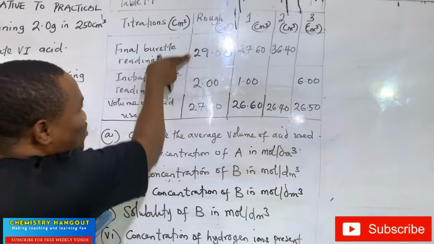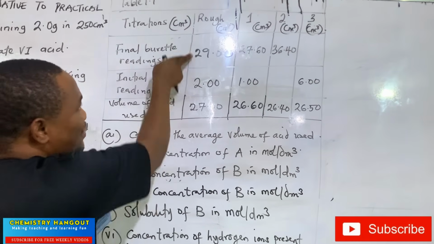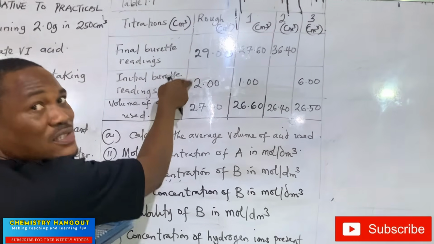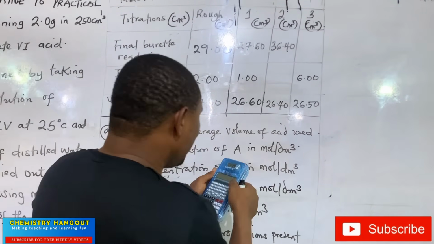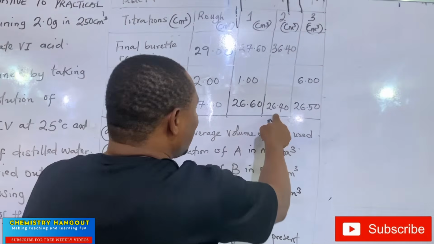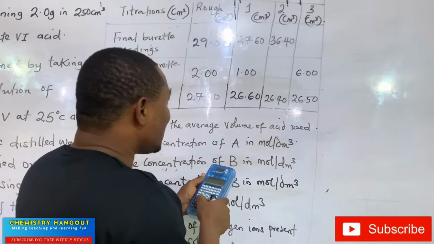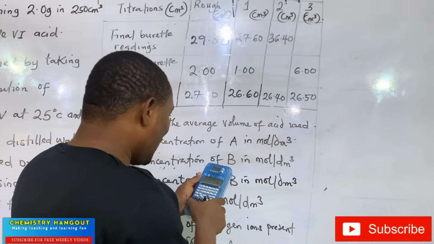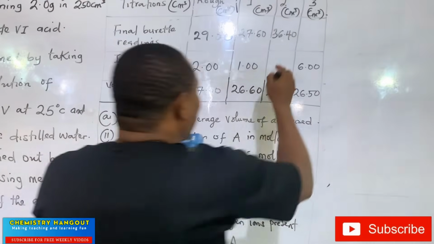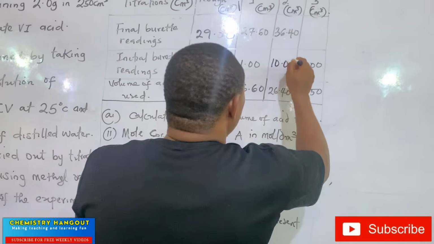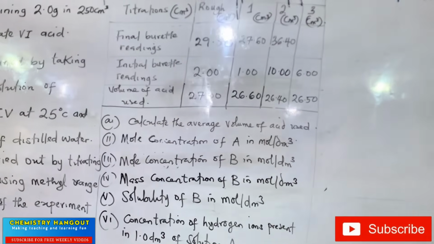For me to get this, it will be this minus this. Did you get that now? So from this one, I'll say this minus this: 36.40 minus 26.40 gives me 10.00. I want to believe this is clear now.